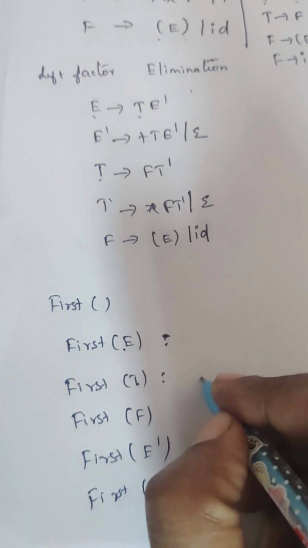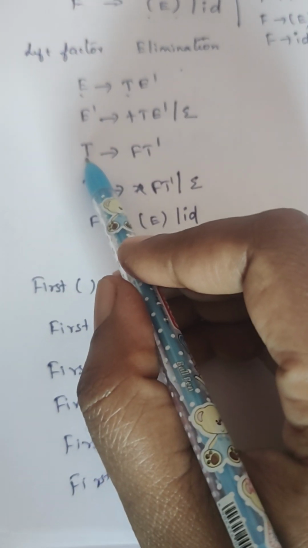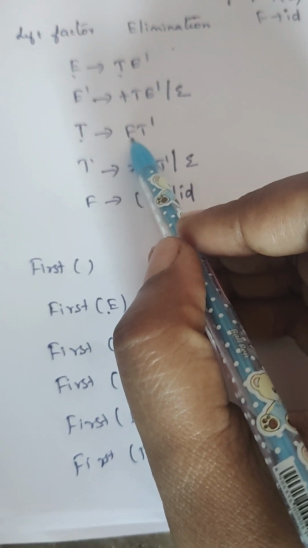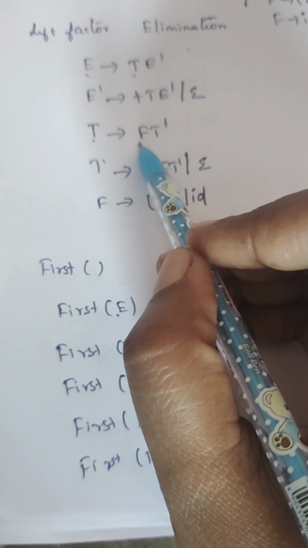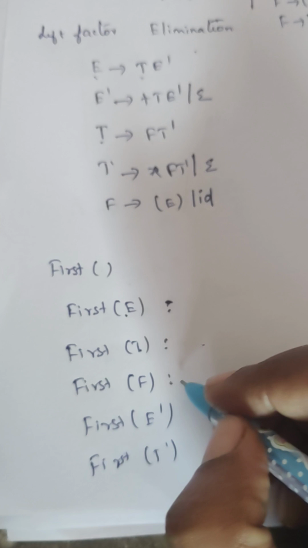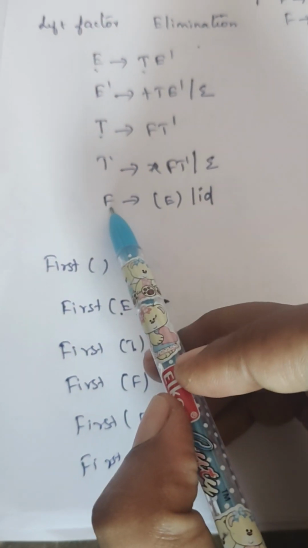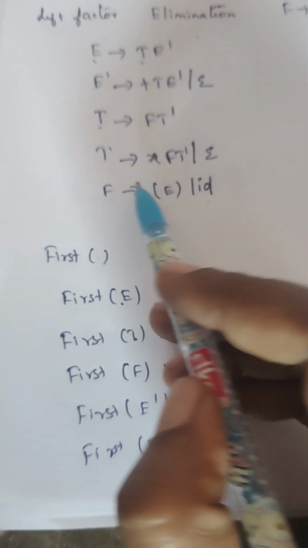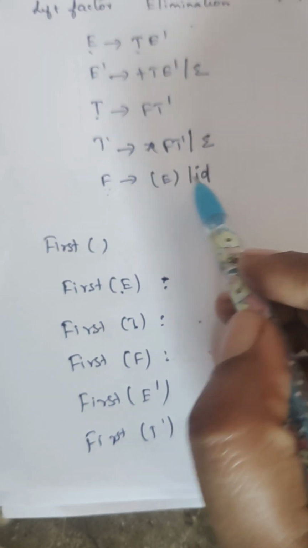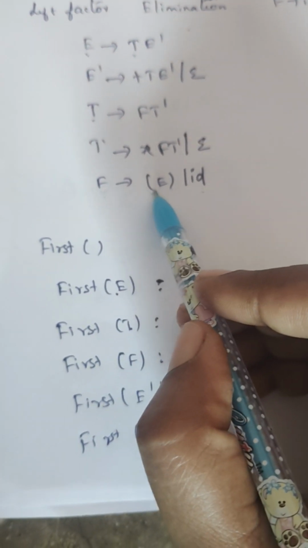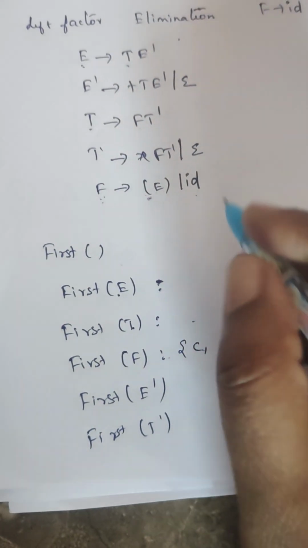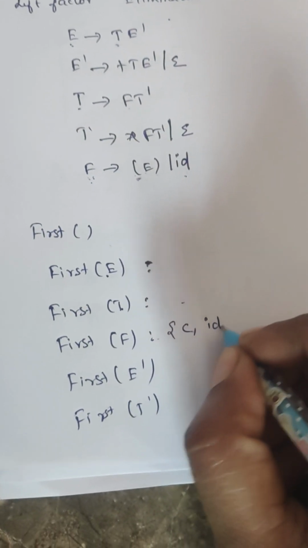First of T is not yet calculated. If I go to the T production rule, T points to the first variable F, a non-terminal variable, so I need to find first of F. First of F is not yet calculated, so we go for first of F. F has two production rules: F tends to open bracket E close bracket, and ID. F points to the first variable as a terminal, the open bracket, and the other is ID.